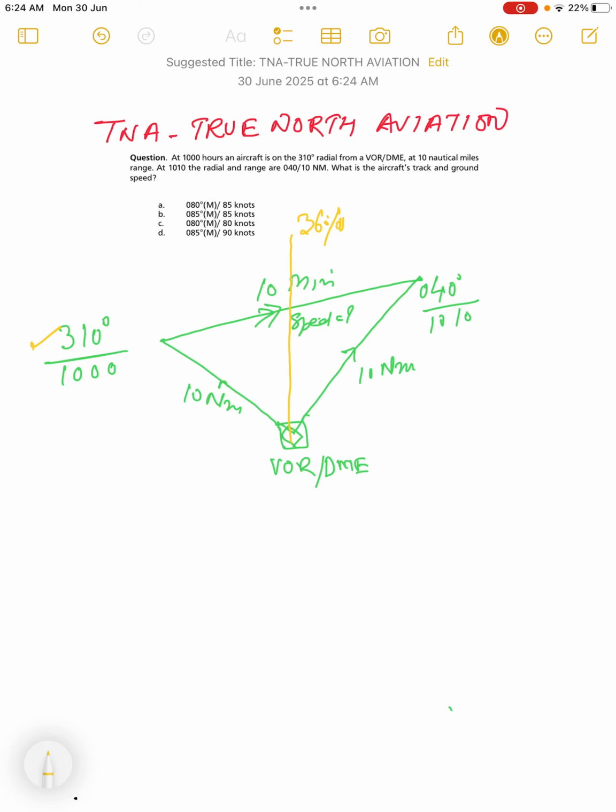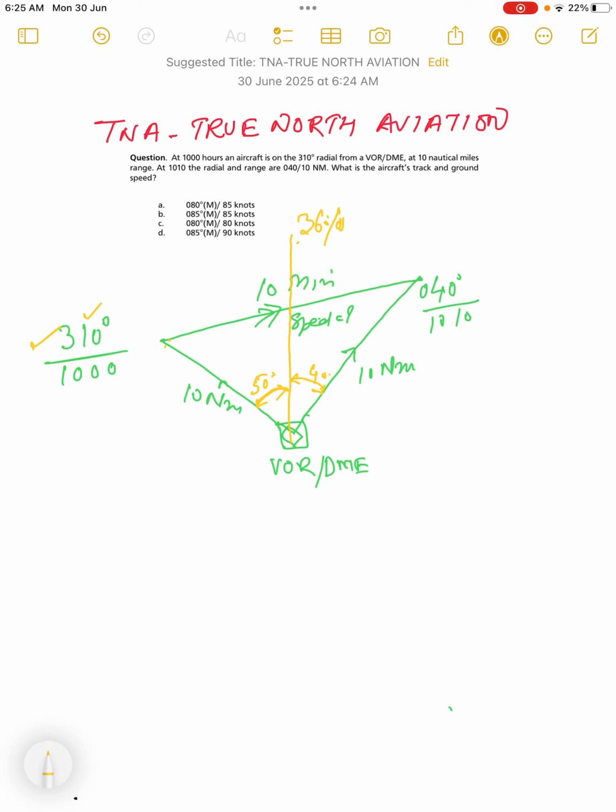This angle is 310, so this angle will be 50 degree, 360 minus 310. How much is this angle? This angle will be 40 degree.